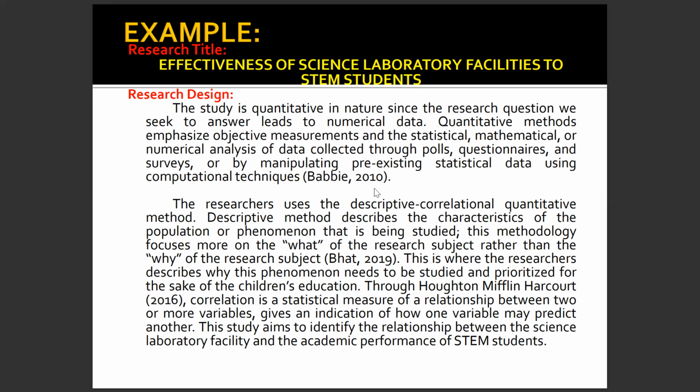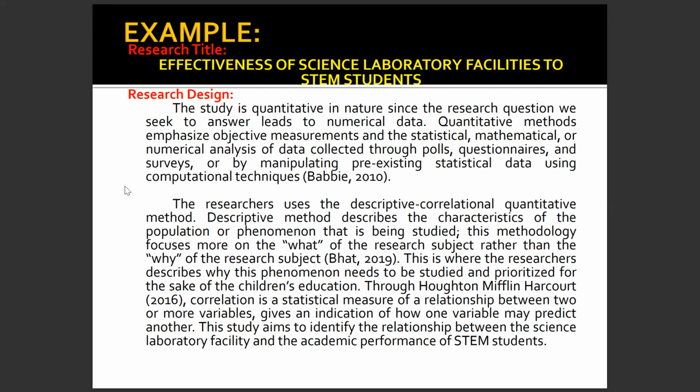So in this case, they describe what a quantitative research design is and they put a citation. Next, the researchers use a descriptive correlation quantitative method. Descriptive method describes the characteristics of the population or phenomena being studied. This methodology focuses more on the what of the research subject rather than the why. This is according to Bhat, 2019.